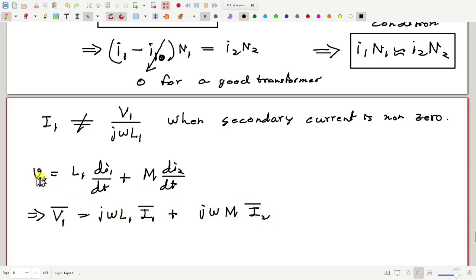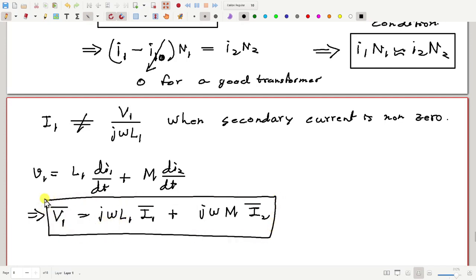When I write a differential equation in phasor form, the d/dt terms always get replaced by j omega. That's the simple trick. So you just replace d/dt by j omega and you get the phasor equation. So this is the general equation for V1. Now if I2 is 0, then I1 equal to V by j omega L1 will be true, but otherwise that is not true. Okay?